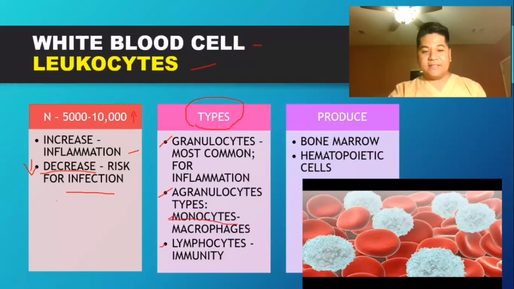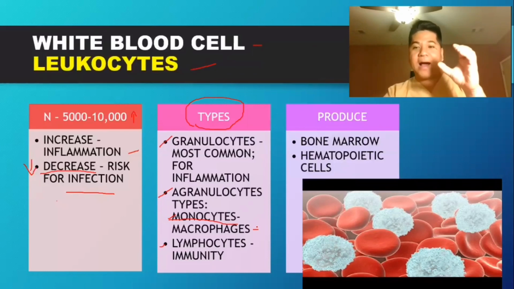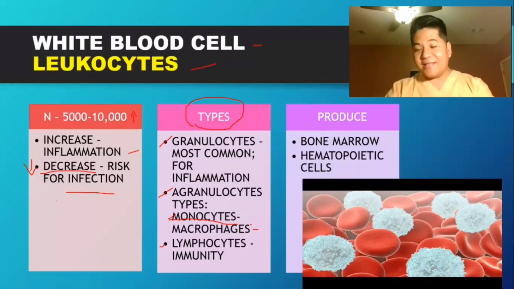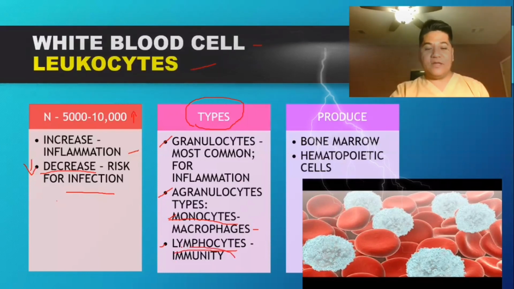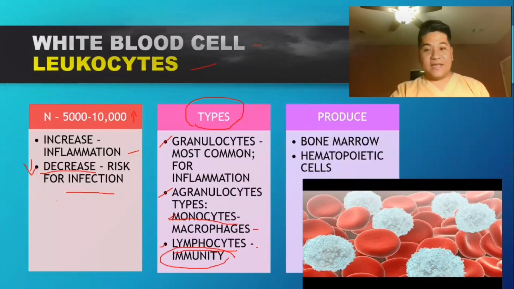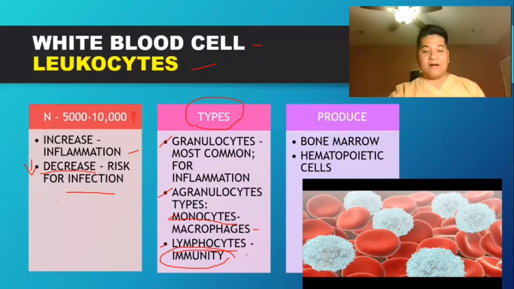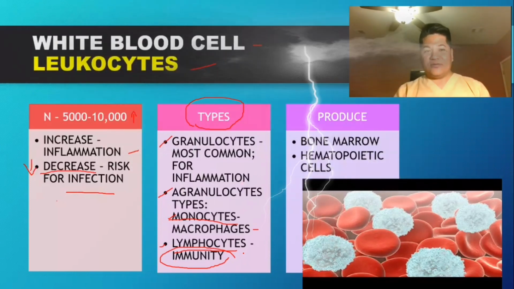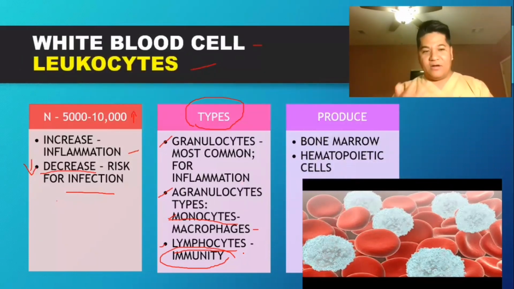The monocytes are macrophages with a phagocytic function, like a Pac-Man that eats your pathogens, while the lymphocytes are a form of immunity. So these are your antigens and antibodies. Your antibodies are responsible for the immunity. An example of these are your T cells that provide protection to our body, giving us immunity to certain diseases.